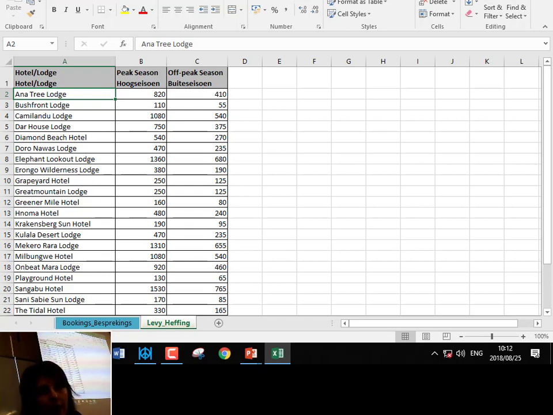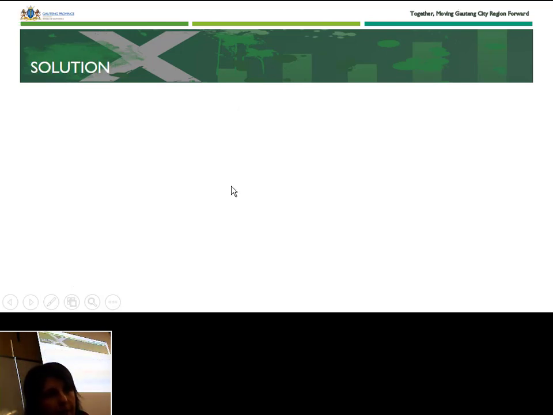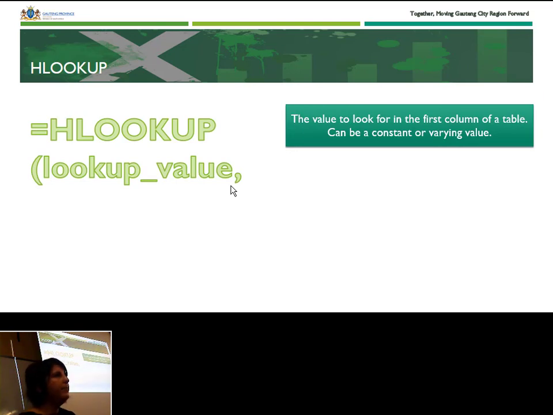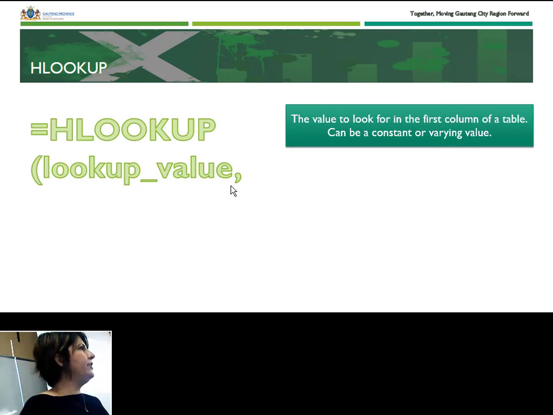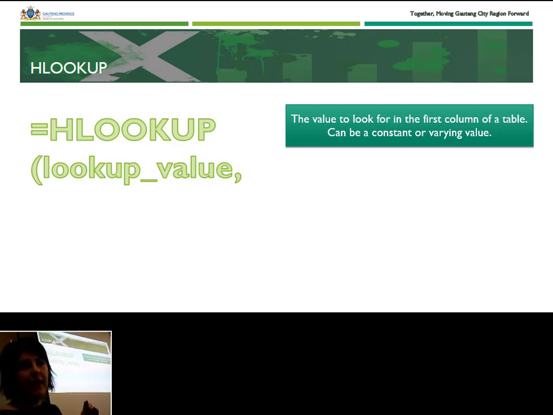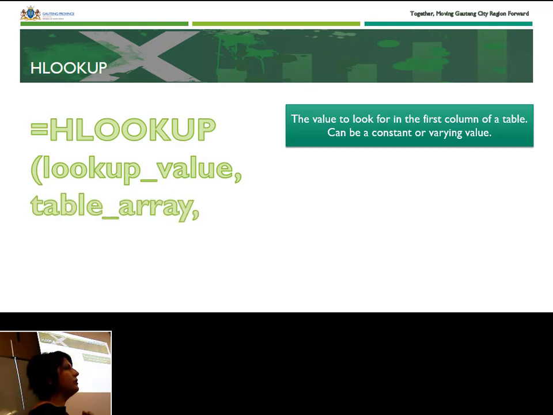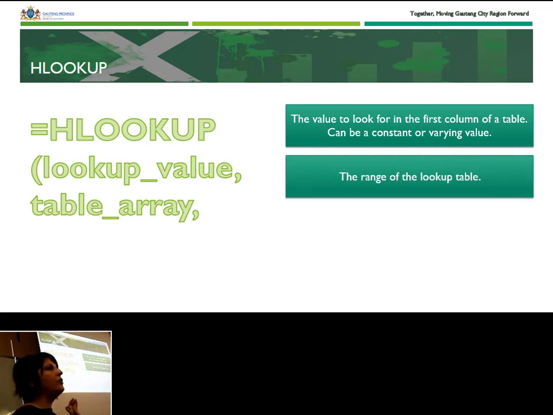Now, let's look at the HLOOKUP. For one or other bizarre reason, the kids don't understand the HLOOKUP. I don't know why. Maybe it's because of this vertical horizontal thing. Maybe if you explain that to them, they'll realize that it's actually exactly the same. Now, we did it just now. The lookup value can be a constant or a variable. The table array is the range. Remember to put the absolute cell reference there.